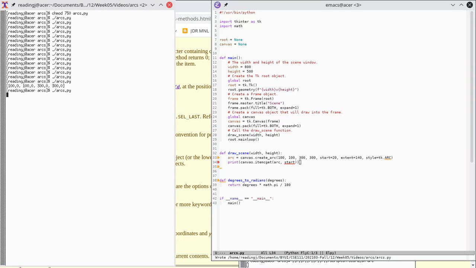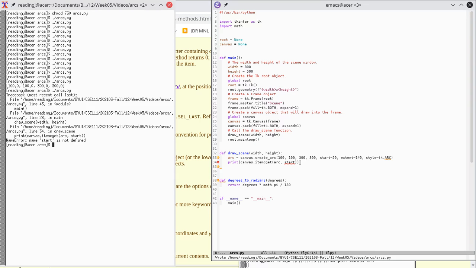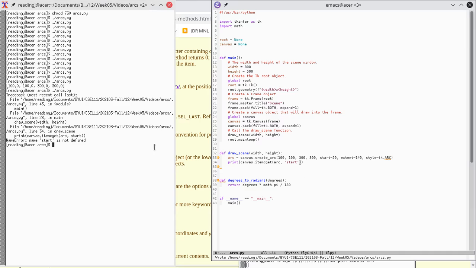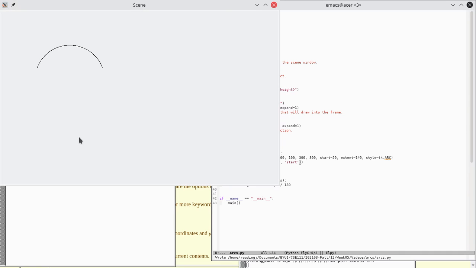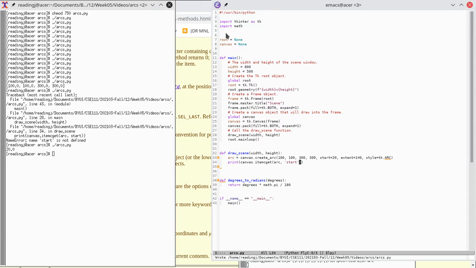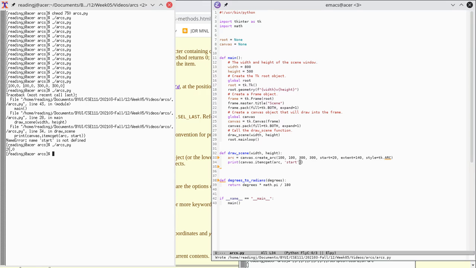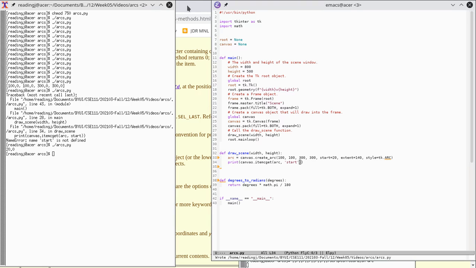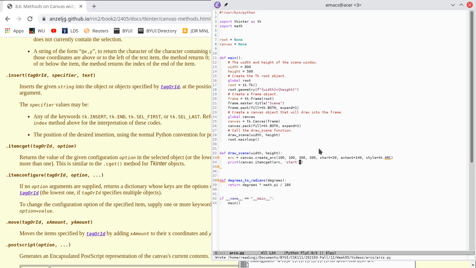Name start is not defined. Can I do it as a string? No. Ah, and that got the start. And so item configure will set it.